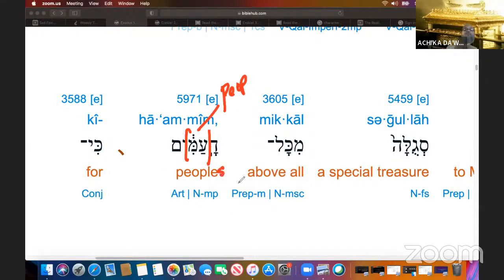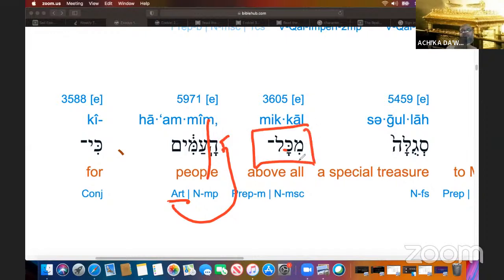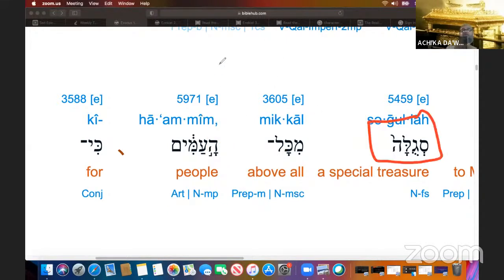They didn't put the peoples, they put people. Why? Because they want you to think that it's only one group. It's the definite article, the peoples. What peoples? From all the peoples on the face of the earth. You understand? You're not some regular person. You are a segula. You are a special treasure to me.